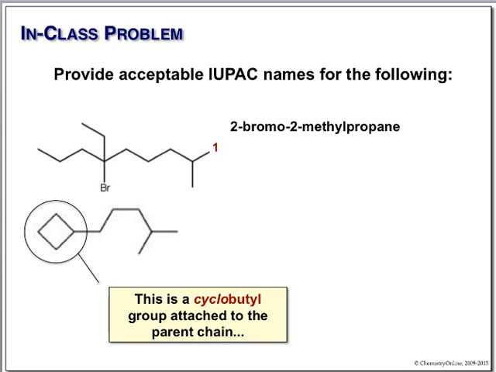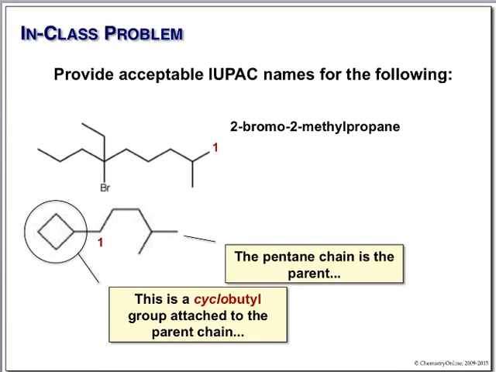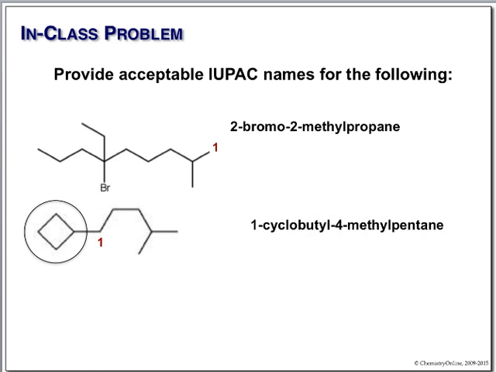That means that our parent is going to be 1, 2, 3, 4, 5. Attached to carbon 1, we have a cyclobutyl group. Attached to carbon 4, we have a methyl. So I hope this is the right name.